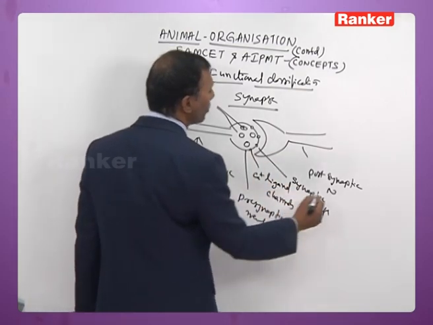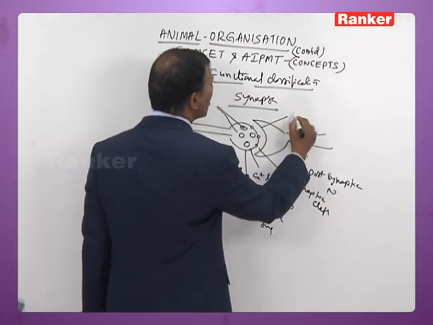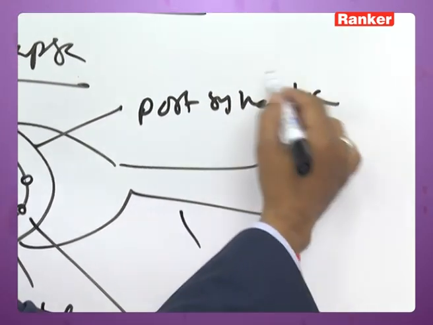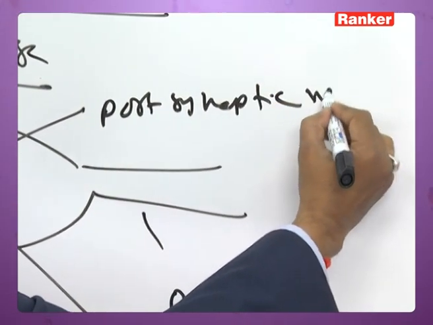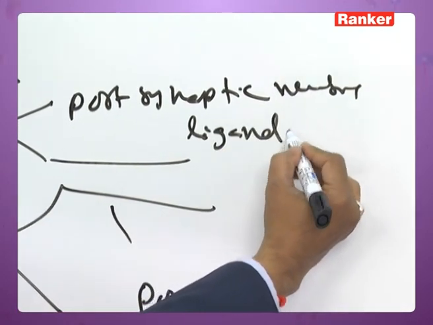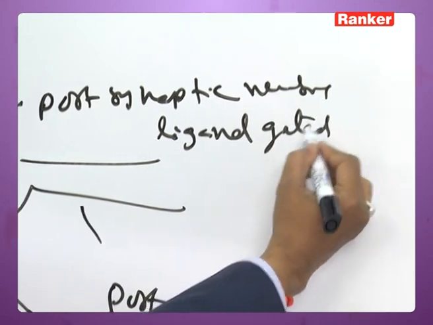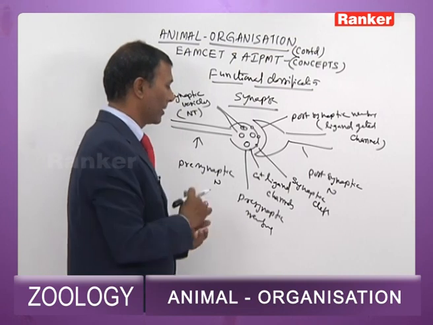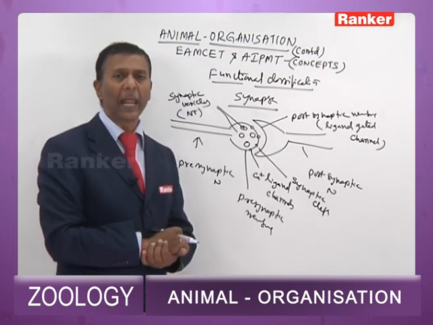And this is the postsynaptic membrane. It has several ligand gated channels.